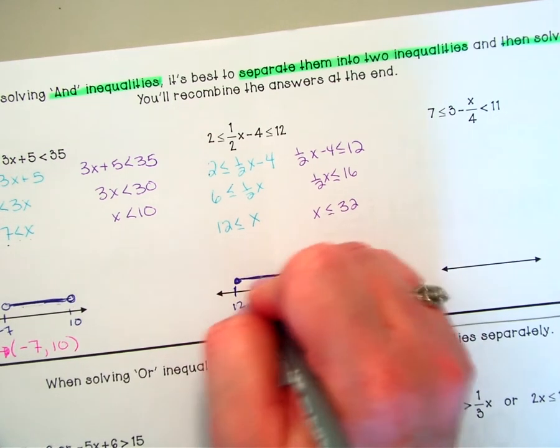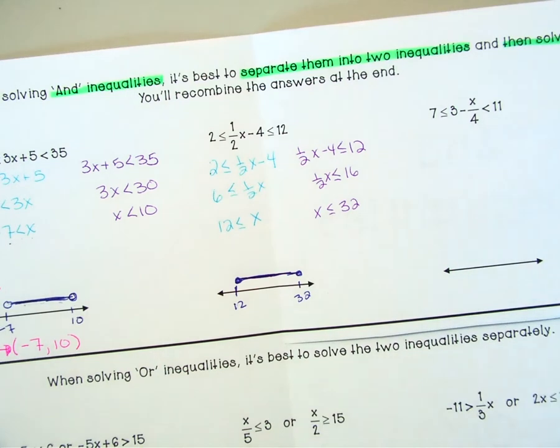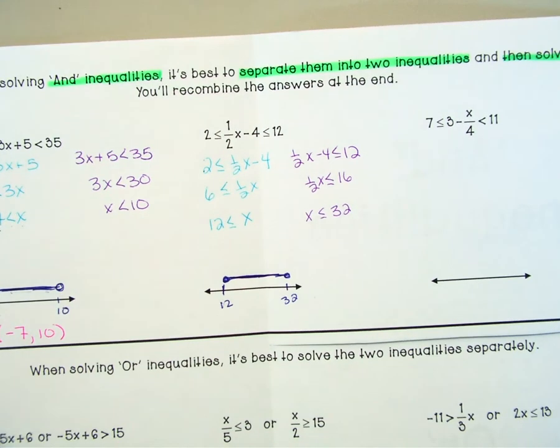Shading in between. Now if you notice, I'm putting these shadings on my number line actually above the number line. It doesn't matter. There's not a specific reason other than I want to make sure you can see where I'm shading. I could be putting it exactly on the number line. I could have put it below the number line.